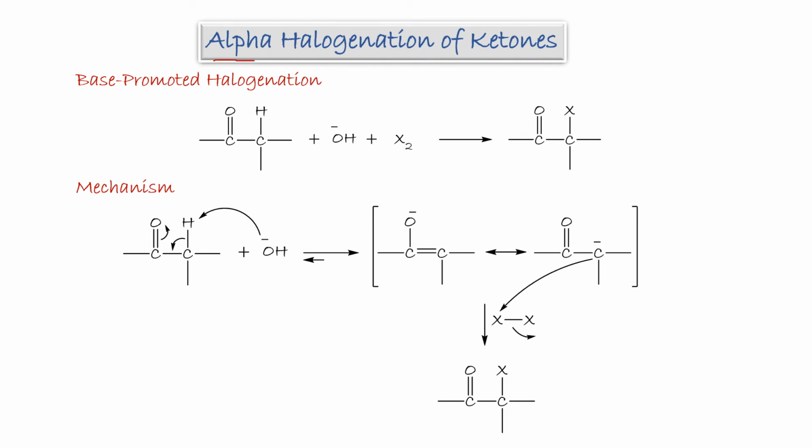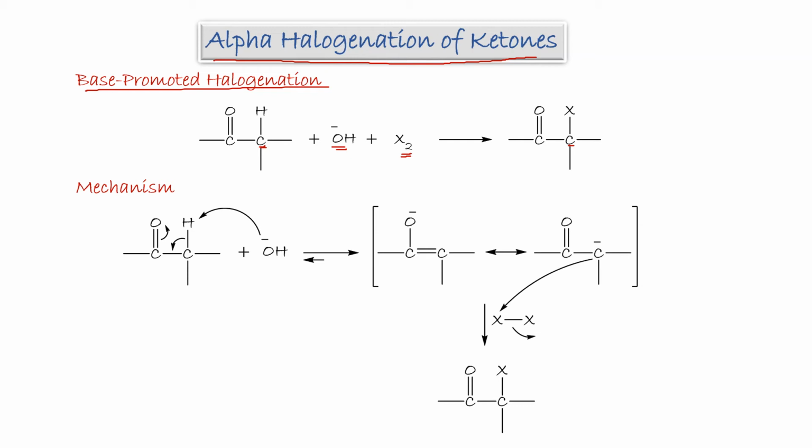Alpha halogenation of ketones. Base promoted halogenation. A carbonyl compound with alpha hydrogen reacts with halogens in the presence of base to form the alpha halogenated derivative.